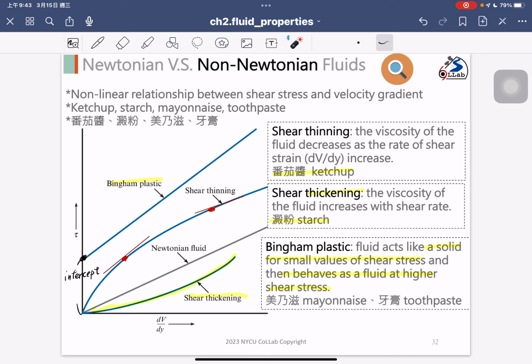But most of the students forgot everything and cannot give the right answers. So for me, you should keep it in mind because this is a very important physical property for the fluid. Especially, you need to know how we can distinguish Newtonian and non-Newtonian fluid.